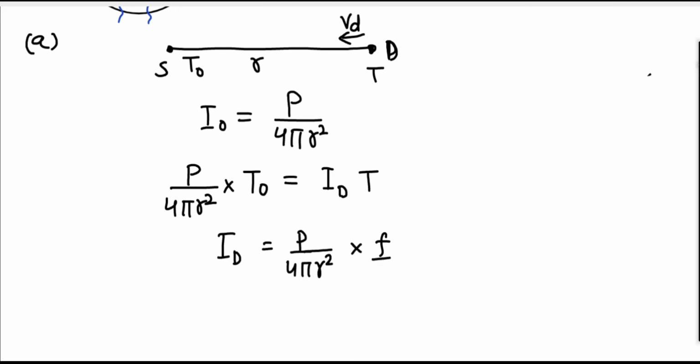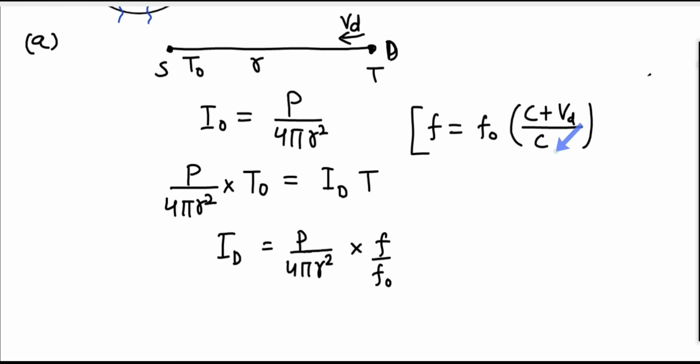And you can just use the Doppler effect formula: the observed frequency f will be equal to f naught times c plus minus the velocity of the observer, over c plus minus vs, the velocity of the source. In this case it will be plus for the observer because the frequency has to increase. So c plus vd, that is my observer, divided by c plus minus vs, which is 0 in this case.